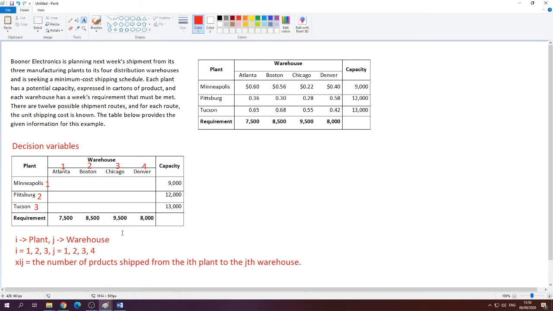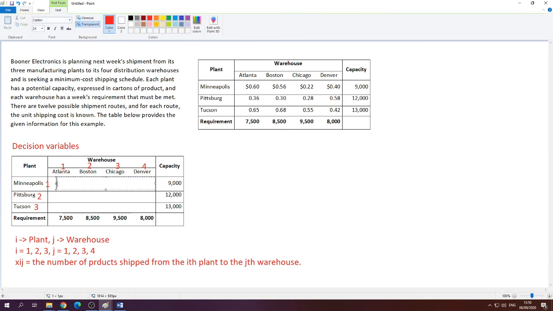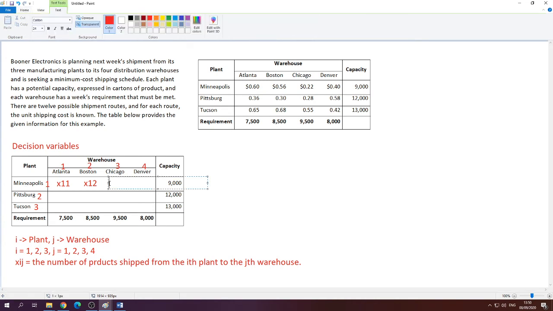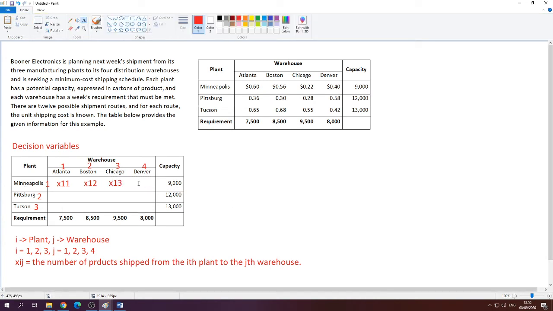So in total, I'm gonna have 12 decision variables, 12 xij. So here I'm gonna have x11. That means the number of products that I'm gonna send from Minneapolis to Atlanta. This is x12, the number of products that I'm gonna send from Minneapolis to Boston. This is x13, and this is x14.